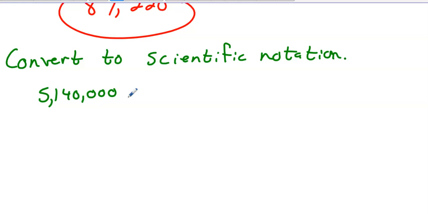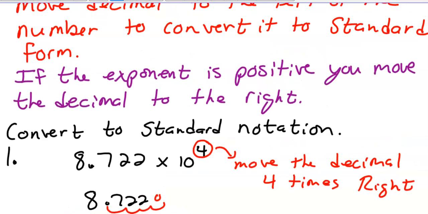Maybe something like this. Then we've got 5,140,000. Okay, so first thing this one's going to go back to is that if we're converting this into scientific notation, scroll back up real quick.